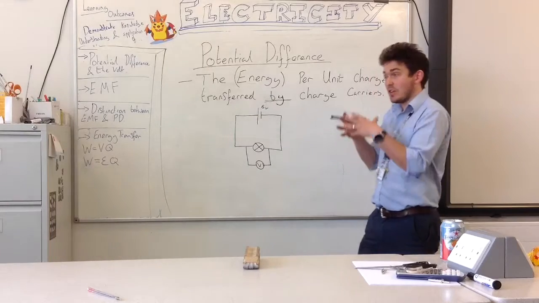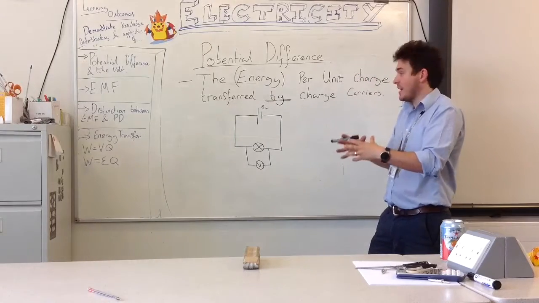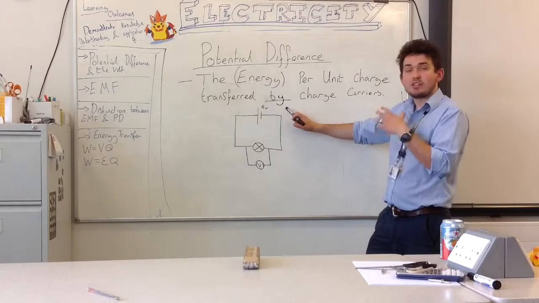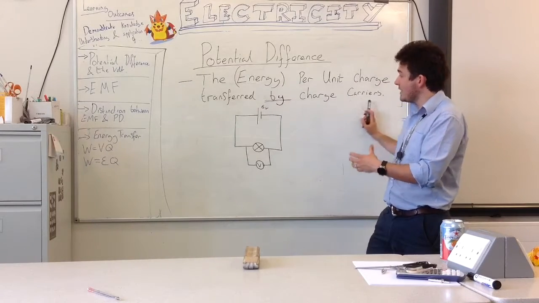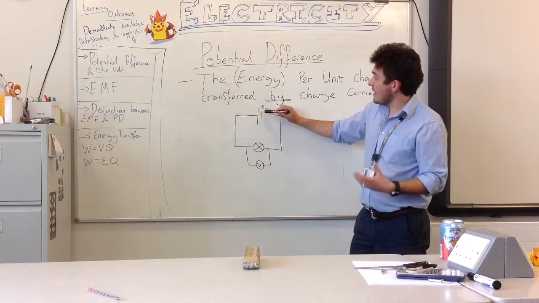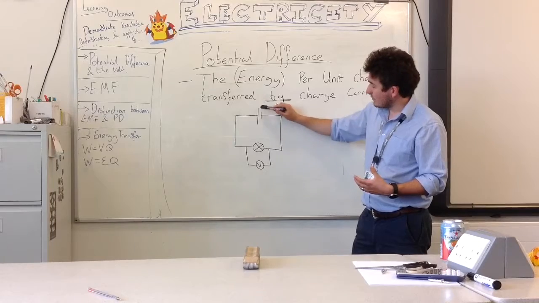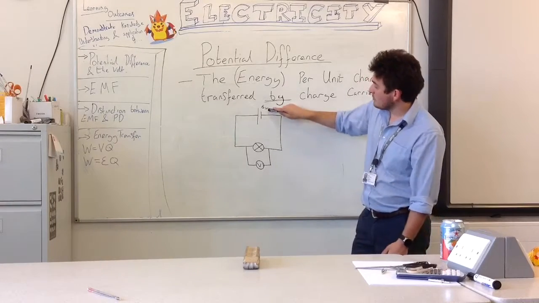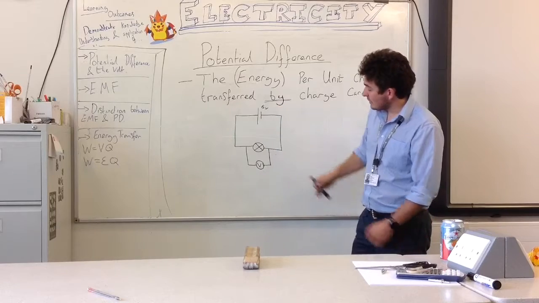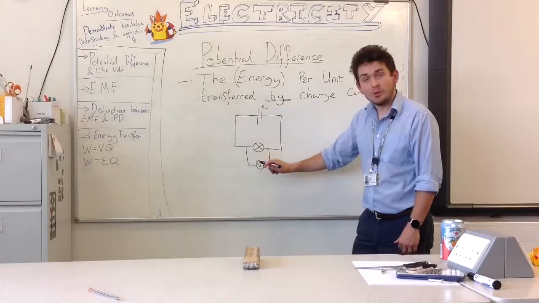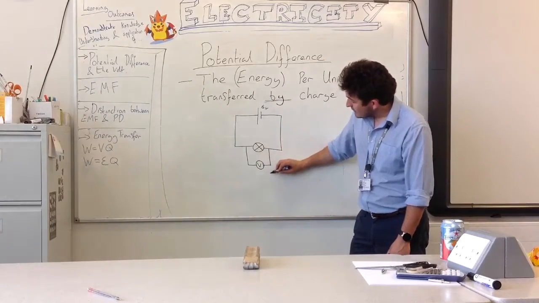The energy that the charge carrier has, or the electron has in this case in a circuit, is going to be transferred by them into a different form. So we imagine that they have a 6 volt cell here. There's some cell with 6 volts in it. And as these electrons make their way through the circuit, before they encounter the bulb, they have a potential of 6.